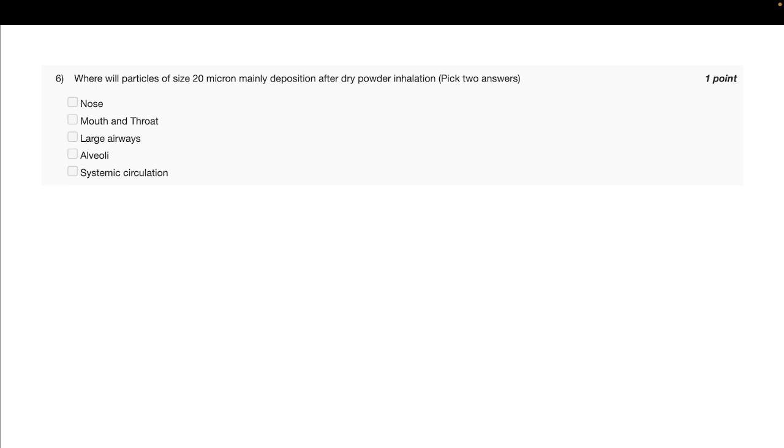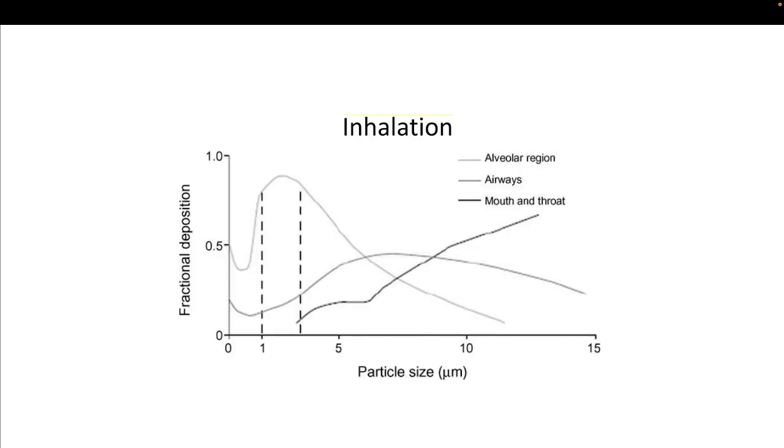No other responses? Okay, let's discuss. Yes, the first one who answered was correct: mouth and throat and large airways. The nose will be the first place your particles have to go through when you're taking dry powder inhalation, but the question is asking where it will be deposited. If you have gone through the lectures, you might have come across this graph where, if your particles are of a very large size, they will mostly be deposited in the larger airways and mouth and throat. We just discussed that the deeper the alveolar regions, the smaller the particle has to be.